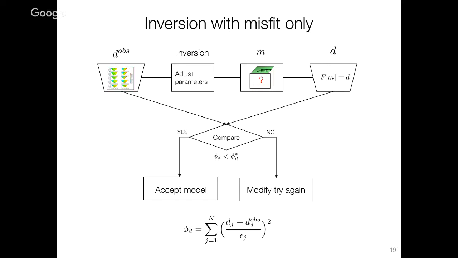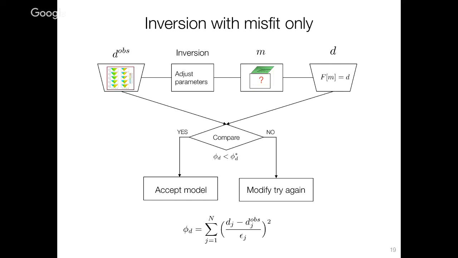So this is a pictorial of how you can set up the problem, what people often have done in the past. We've got our observations, and we have an inversion algorithm that adjusts the parameters. We get a model that comes out of the inversion, and we forward model that to get our predicted data.